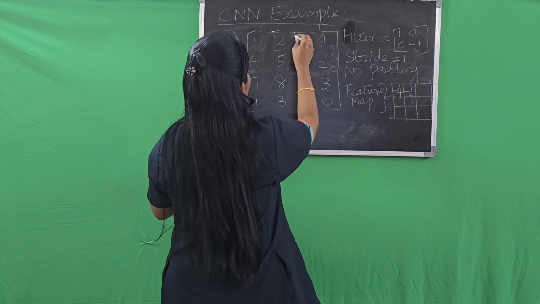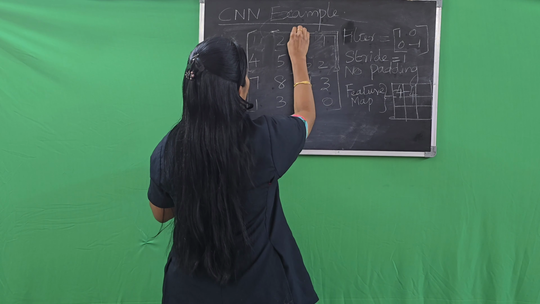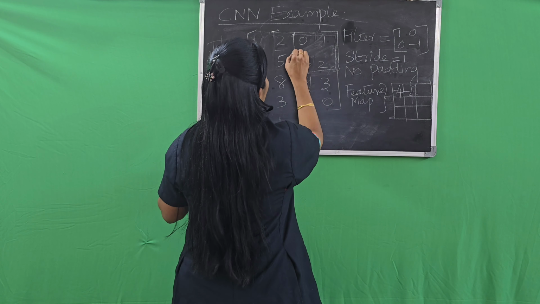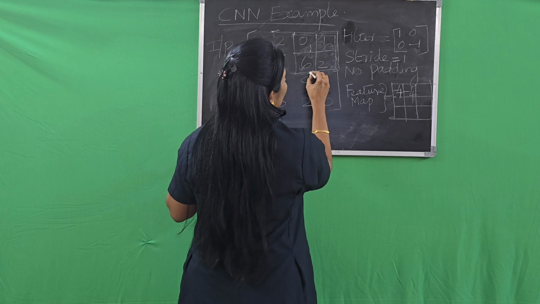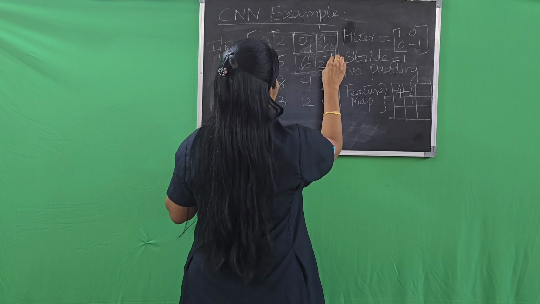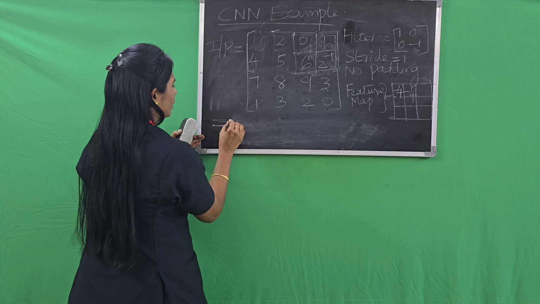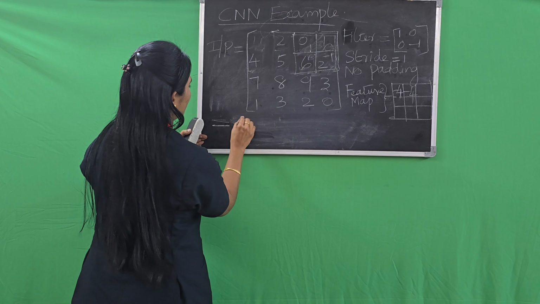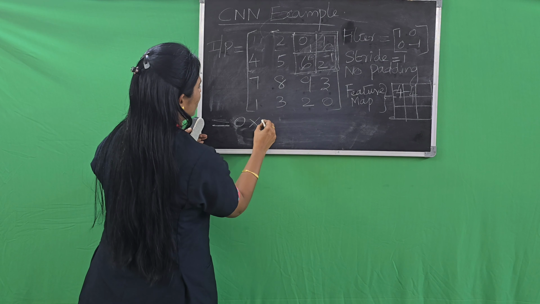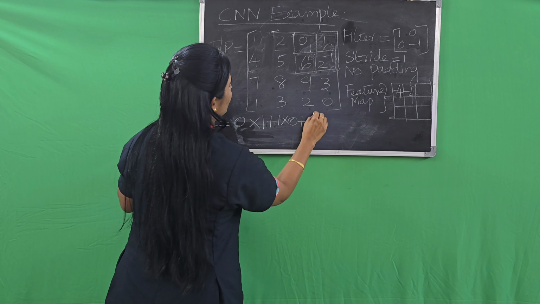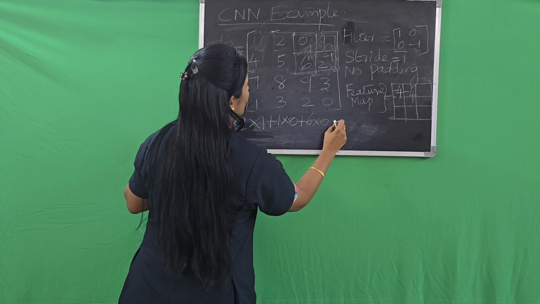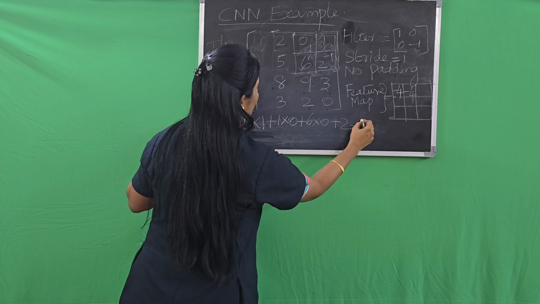So now we can place the filter here and write the filter values and do the dot product 0 cross 1 plus 1 cross 0 plus 6 cross 0 plus 2 cross minus 1.